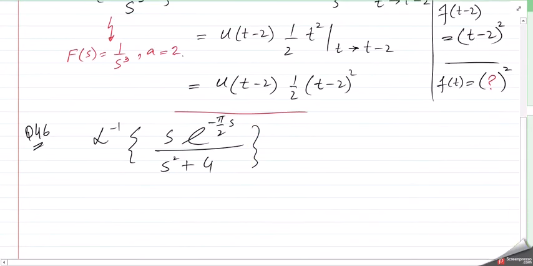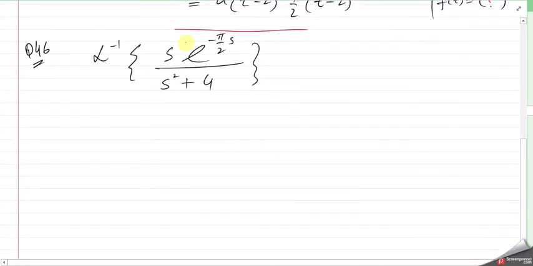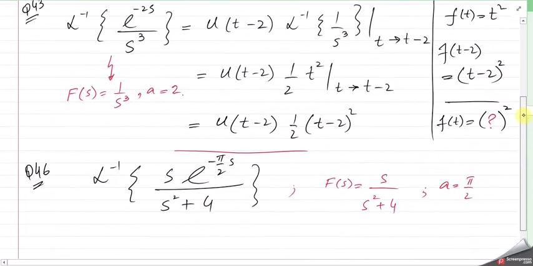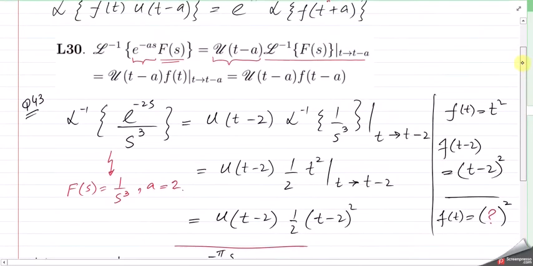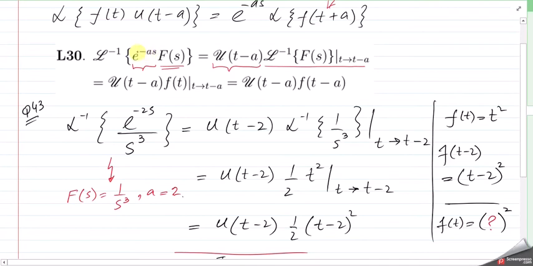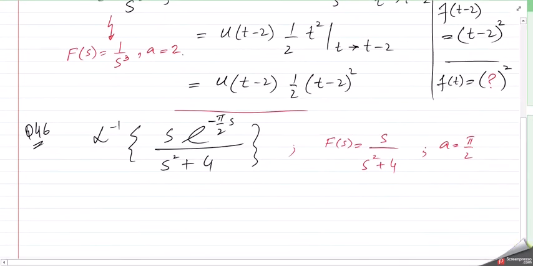Once again, please note that our f of s is s over s square plus 4, not this exponential part. This is separate. This part is only telling me about a, which is pi by 2. Again, remember that minus is not part of a. A is only pi by 2.